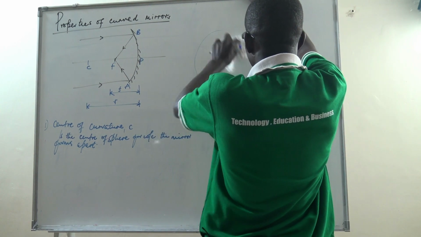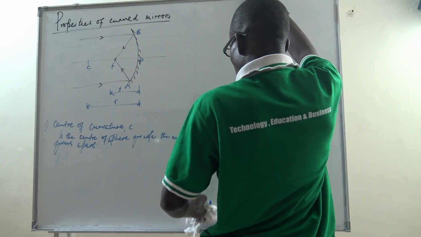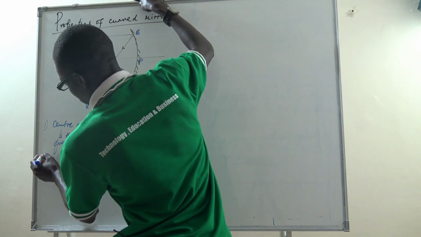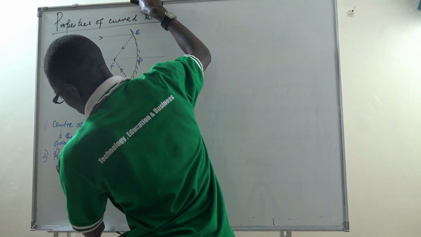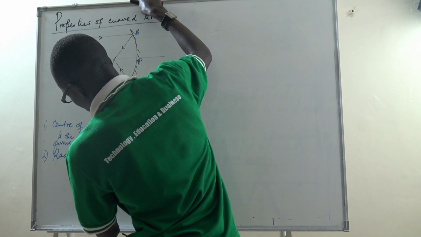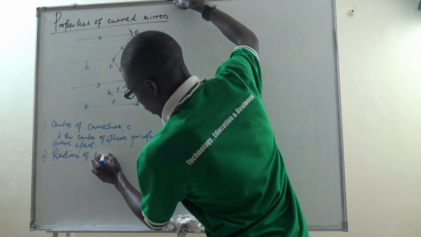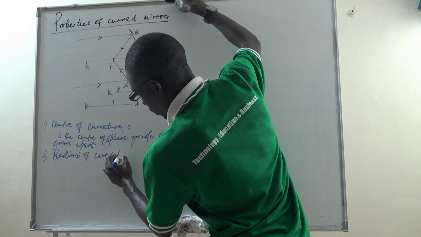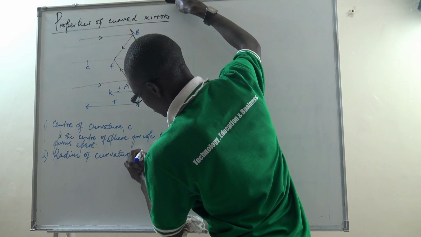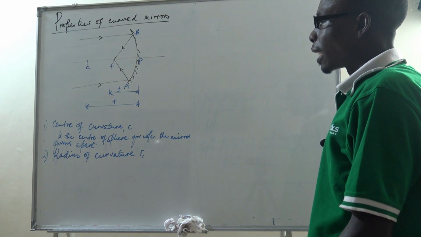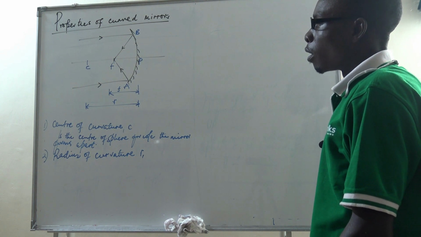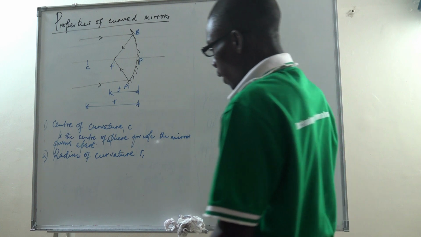And then after looking at center of curvature, let's look at radius of curvature, R. What is the radius of curvature?